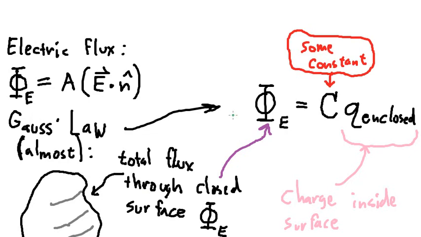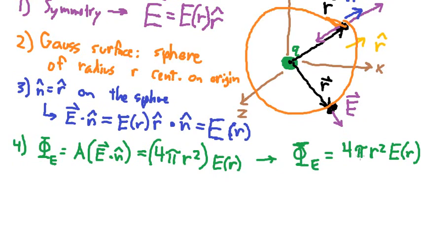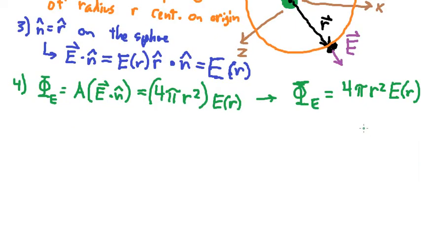It is 4 pi times the radius squared, and this is a sphere of radius r. So 4 pi r squared is our area. I'm going to parenthesize that. And then this E dot n hat product is this E of r. We found that up here. E, which is a function of r, not E times r.